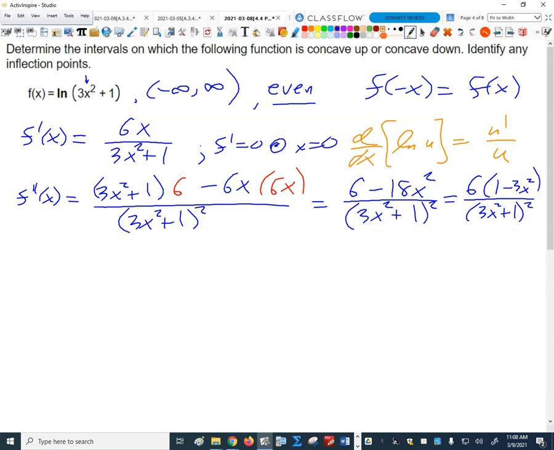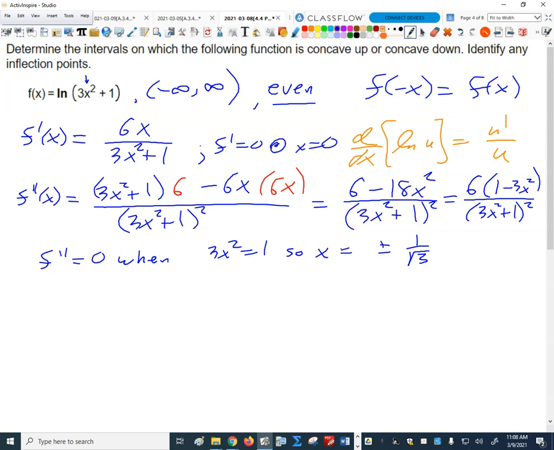Everybody agree? So x would equal plus or minus 1 over the square root of 3, or square root of 3 over 3 if I rationalize that.